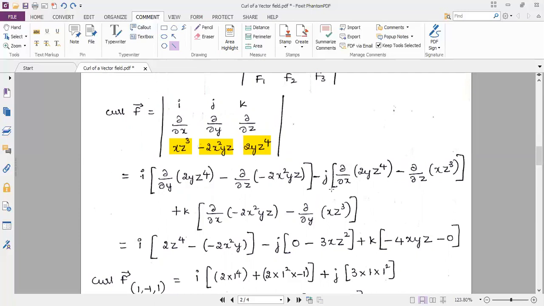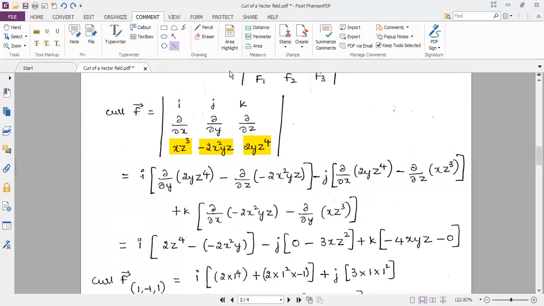Minus j cap into dou by dou x of 2yz power 4 minus dou by dou z of xz cube. This is for the j-th component. Finally, for the k-th component, dou by dou x of minus 2x square yz minus dou by dou y of xz cube. So this is how we expand the 3 cross 3 determinant.